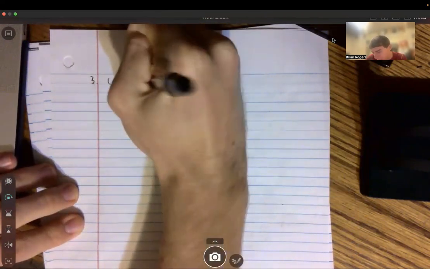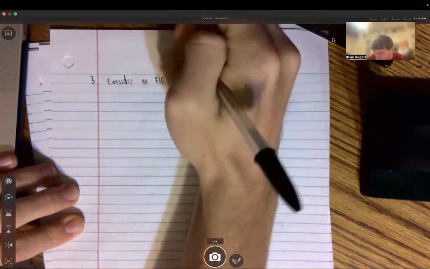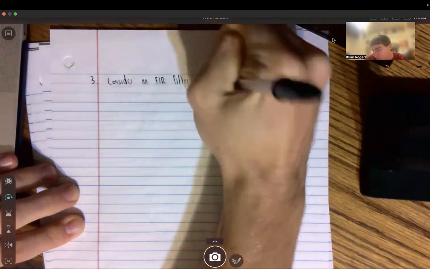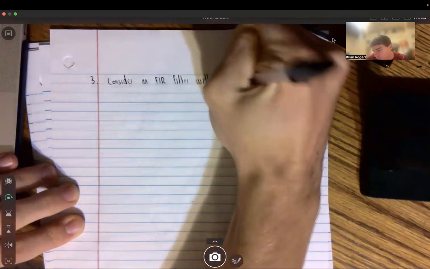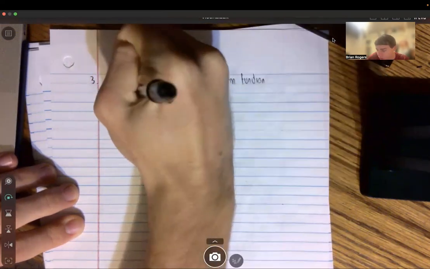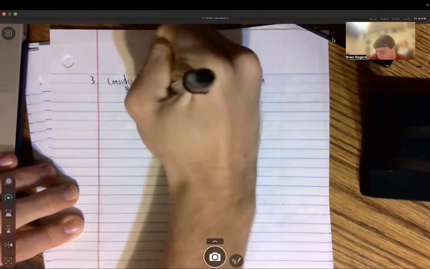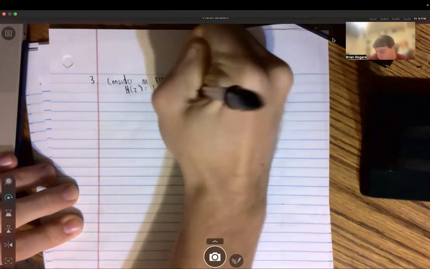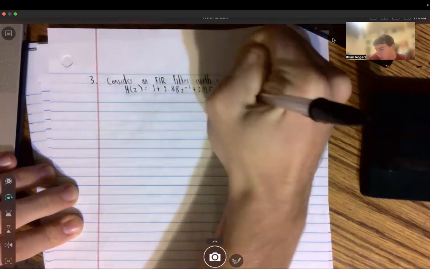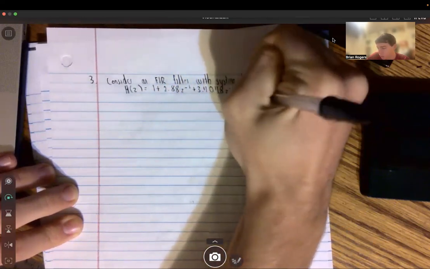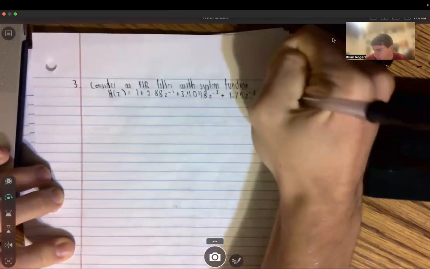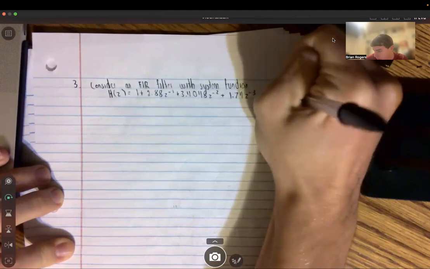Consider an FIR filter with system function. So they give us the system function here, which is H of z equals 1 plus 2.88 z to the negative 1 plus 3.4048 z to the negative 2 plus 1.74 z to the negative 3 plus 0.4 z to the negative 4.